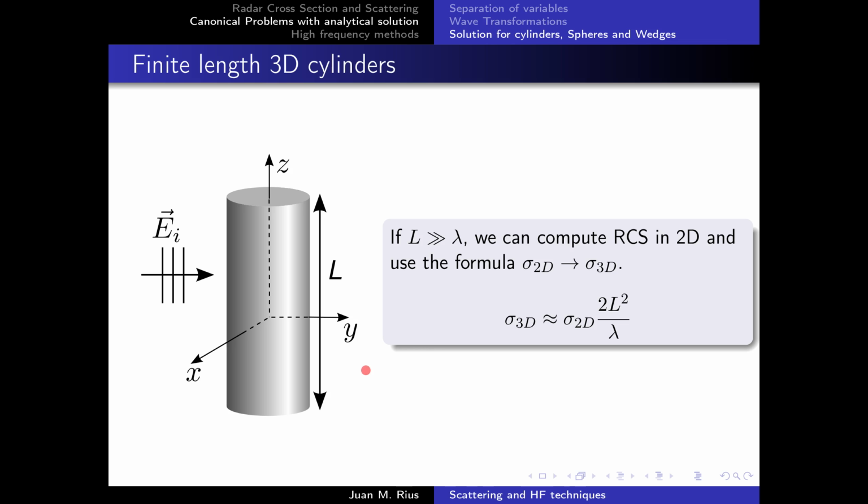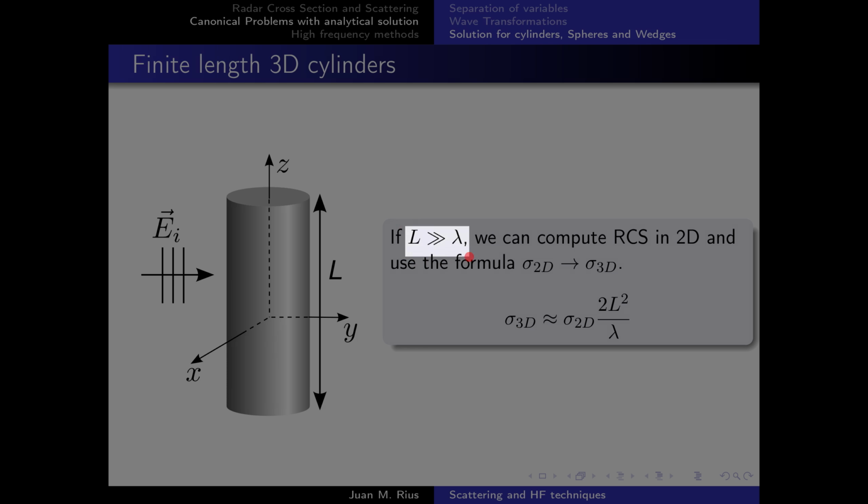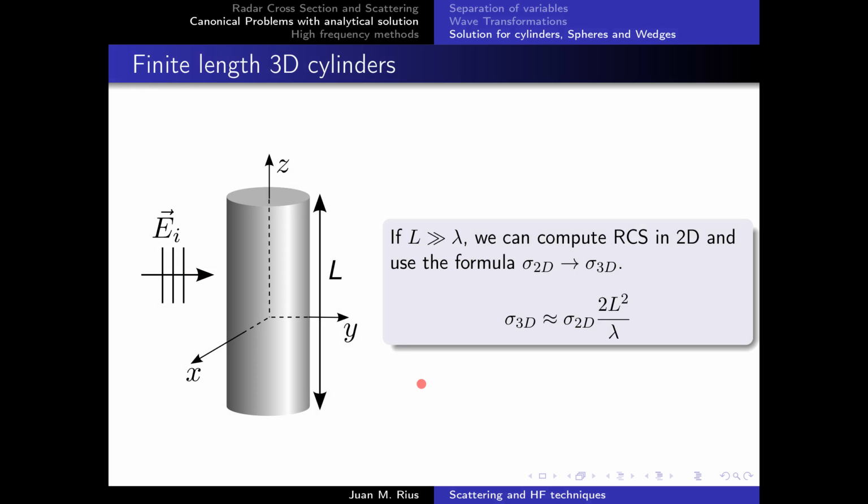In the case of a cylinder of finite length, remember the formula: the length is much larger than lambda, in practice more than 1 lambda or 2 lambda is enough, and also the direction of incidence is perpendicular to the axis of the cylinder.